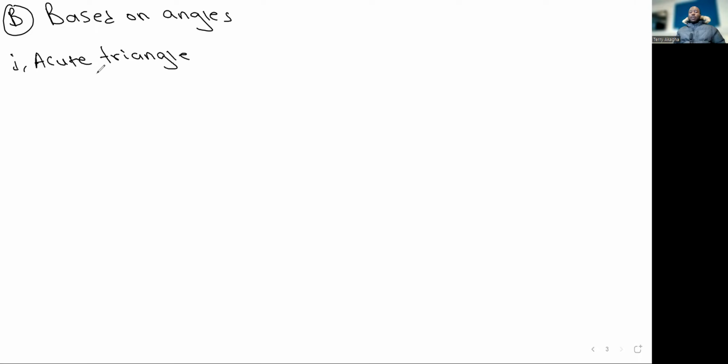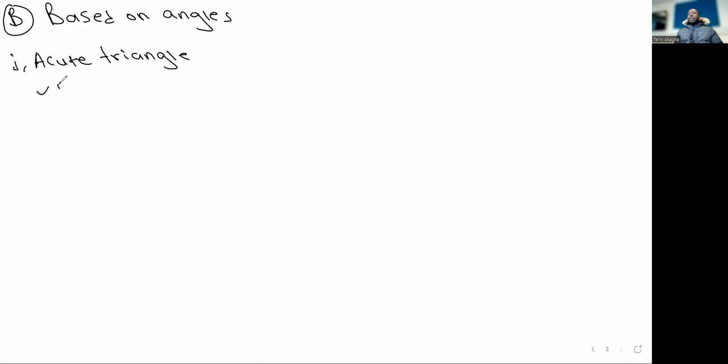An acute triangle is when all the angles of a triangle are acute, that is, they measure less than 90 degrees. This type of triangle is usually referred to as an acute angled triangle.